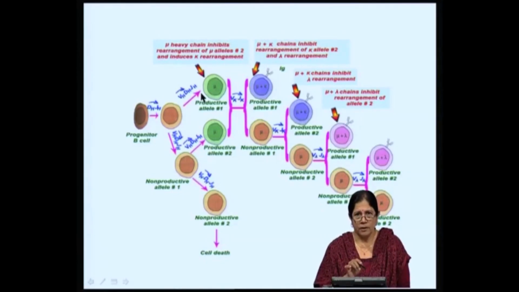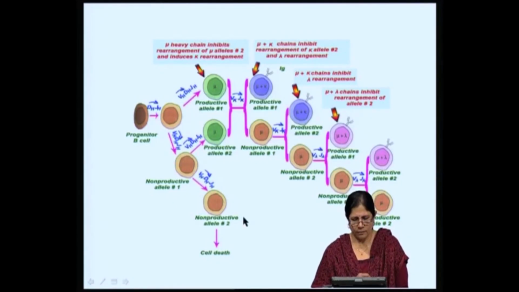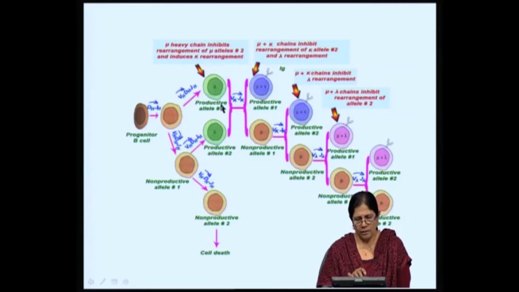Now, it is believed that the signal joins that are formed when VDJ recombination is taking place inhibit allele 2 in this particular cell from undergoing recombination. In case this recombination fails, only then the second allele starts the recombination process. Interestingly, only when VDJ recombination has taken place and the heavy chain transcription and translation happens, this can associate with, remember, the surrogate light chain.